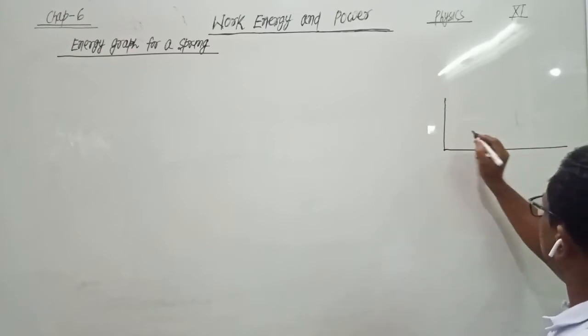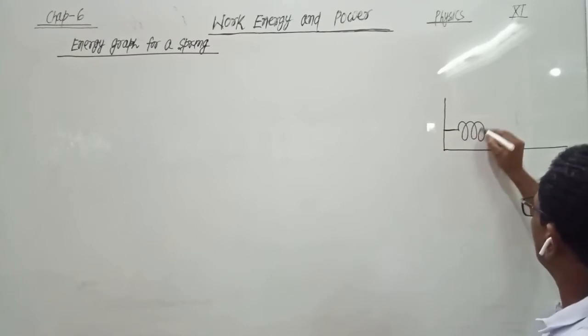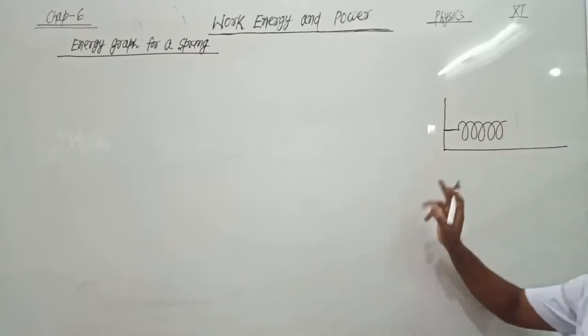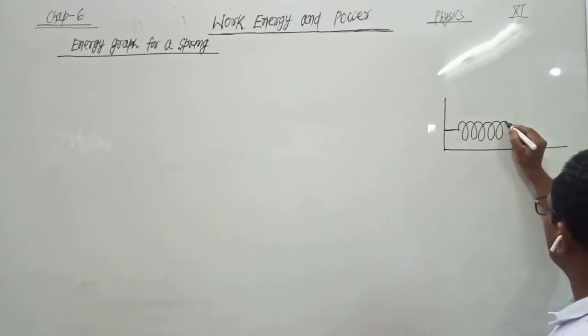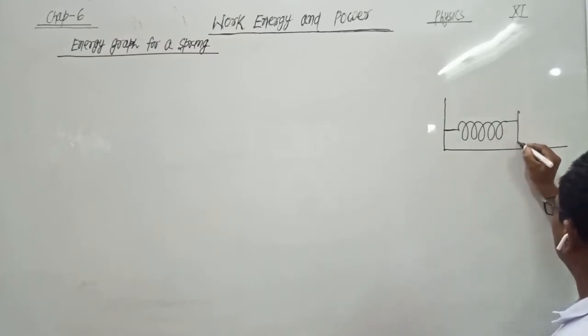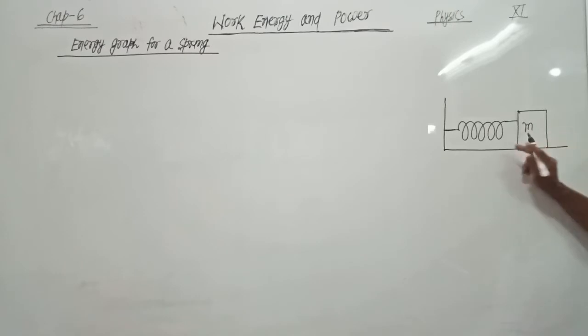We discussed that if there is a spring whose one end is fixed to a rigid support and at the other end a mass is attached, this was the mean position, x equals 0.